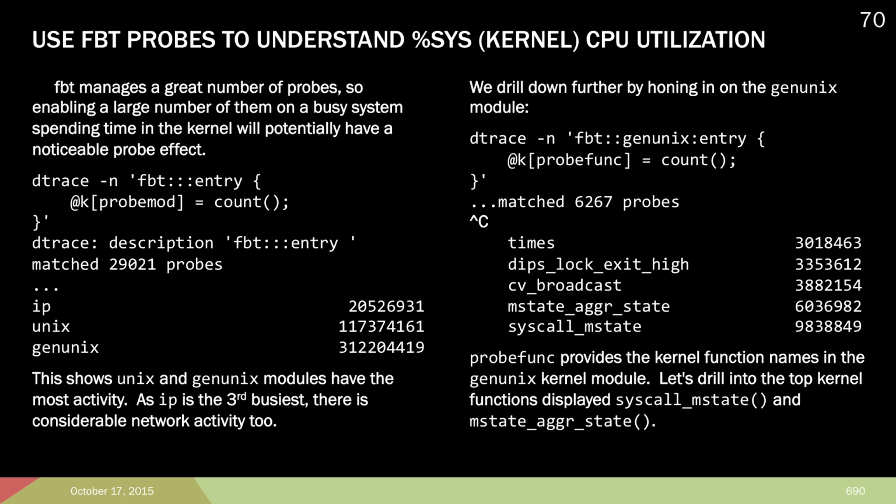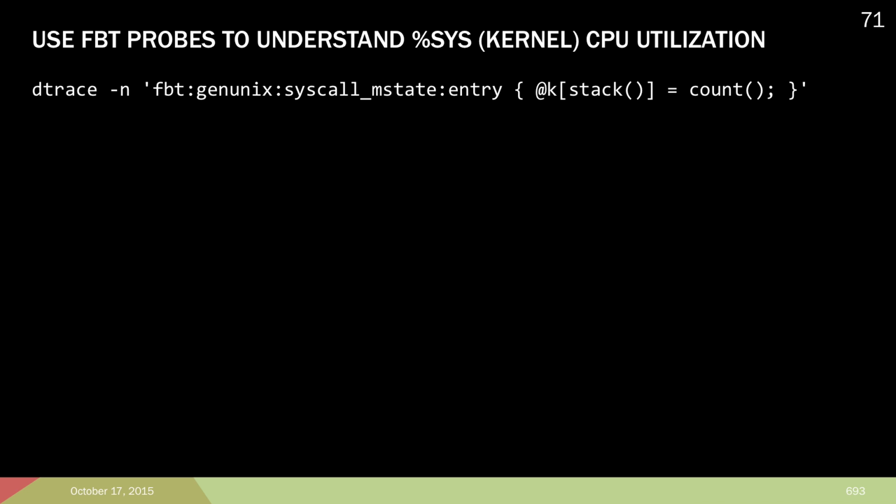Let's drill into the top kernel module functions displayed, syscall_mstate and mstate_aggregate_state. Now we're only looking at the syscall_mstate probe, and since it's a single probe, we're going to get kernel stack traces to see why syscall_mstate gets called.